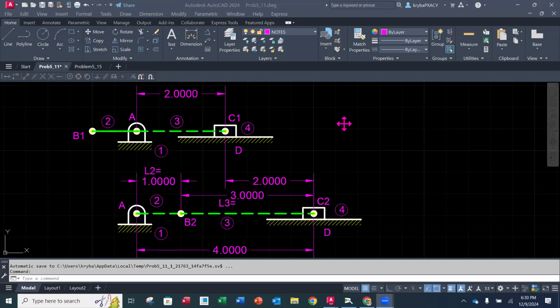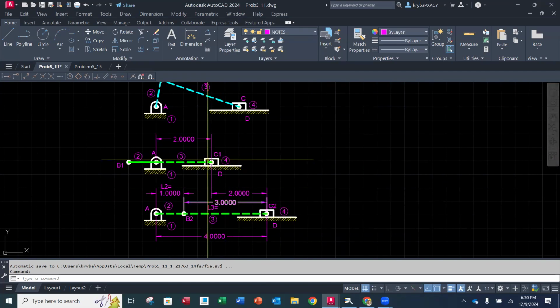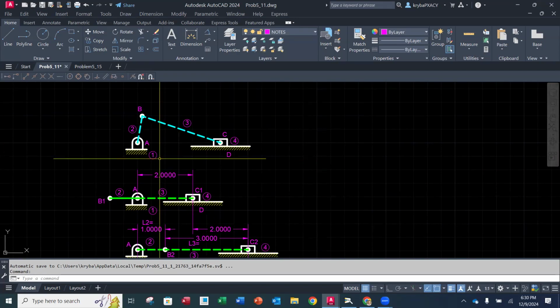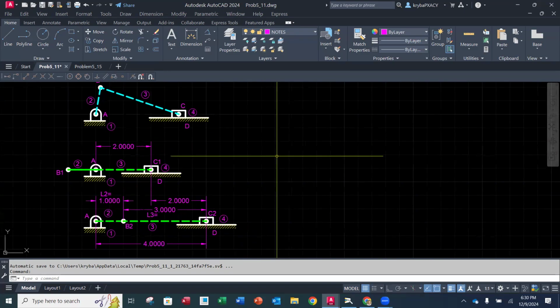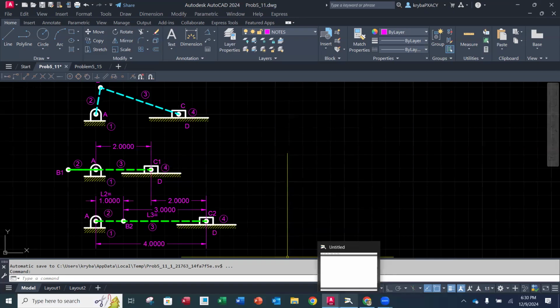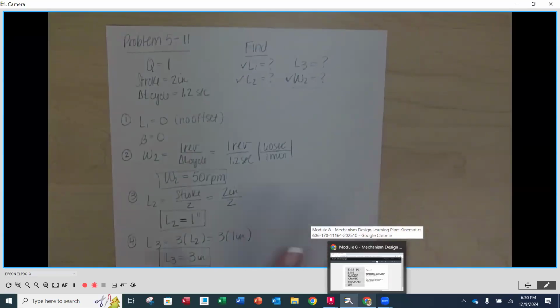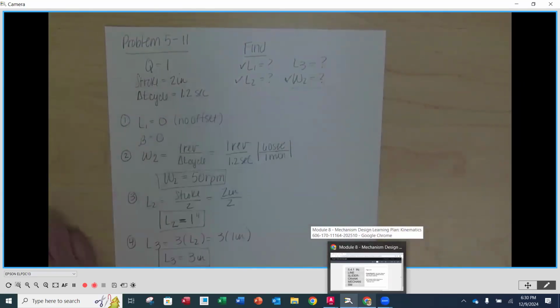Okay, so once you have the diagram all set, the 2 most important parts are going to be these bottom 2. The top one is just so that you can see what the inline would look like in a random spot. Okay, so you would take a screenshot of the portion of the AutoCAD drawing, and then you're going to scan or take a picture of the manual work that you do.